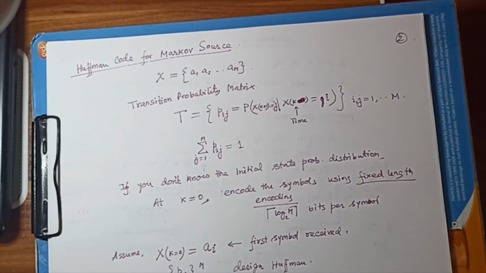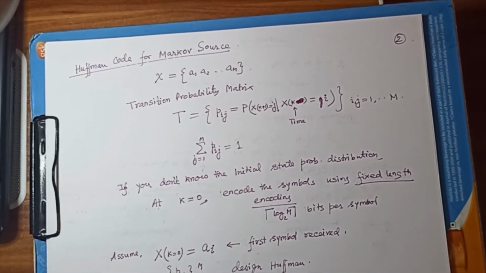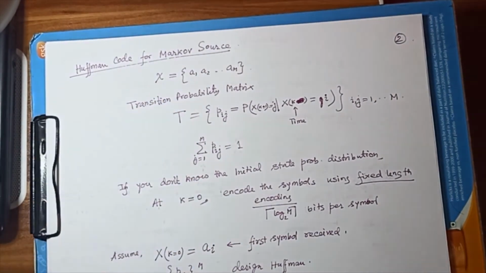Now that symbol can be some other j, and for that j again you have the corresponding p, j, l or something. Using that you again design some Huffman code. So essentially from this transition probability matrix, every row should have a different Huffman tree and a different Huffman encoding.